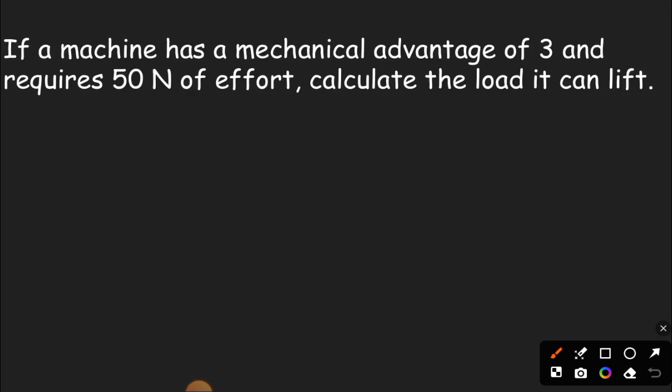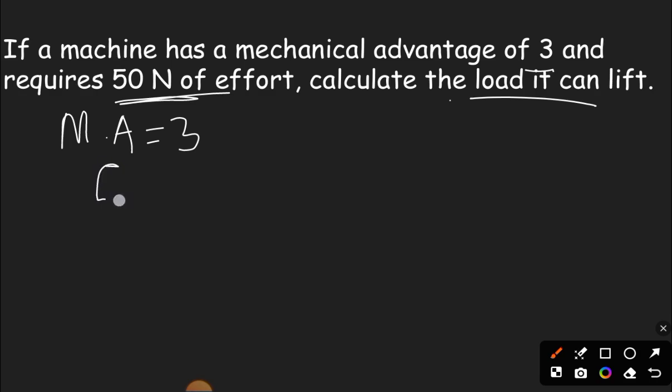Kindly pause the video and then try this question. So if a machine has mechanical advantage of 3 and requires 50 Newton effort, calculate its load. So the mechanical advantage is 3 and the effort is 50 Newton.